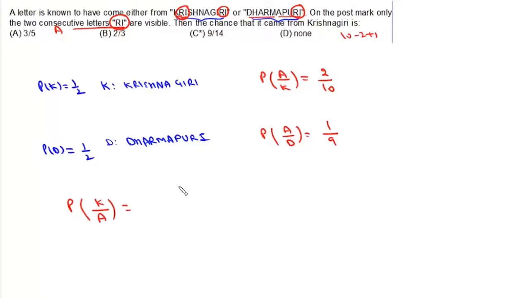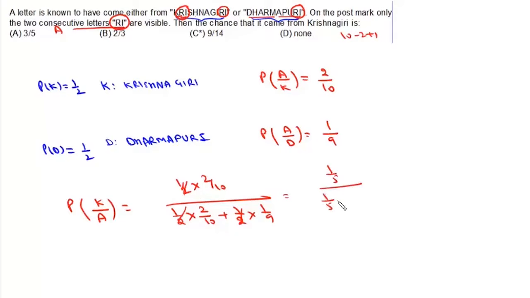So we'll take this case in the numerator. So it will be 1 by 2 into 2 by 10 upon 1 by 2 into 2 by 10 plus 1 by 2 into 1 by 9. Now this 1 by 2 will cancel. Now this is 1 by 5 upon 1 by 5 plus 1 by 9, and it will be 9 by 14, and that's your option C.